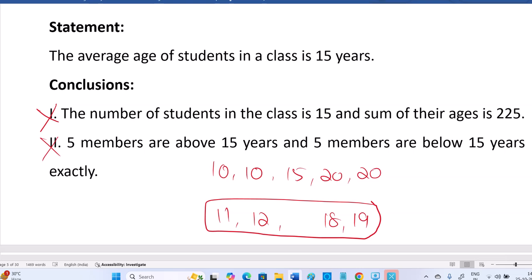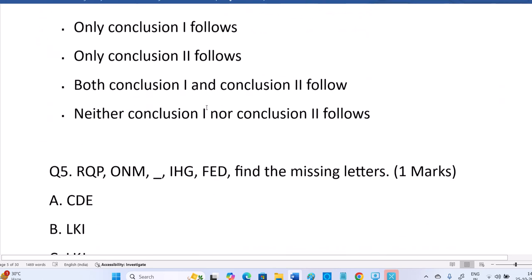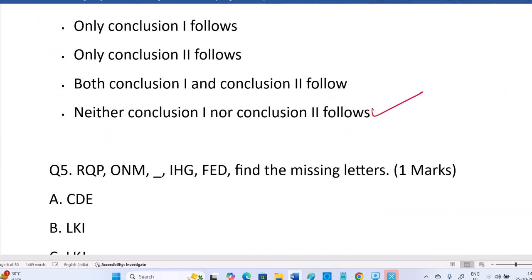If I add one line, there are 7 boys and 8 girls, or 8 boys and 7 girls, or there are 15 students in the class, something like that, then the first one is correct. Okay, but as of now, we cannot conclude the first one is true, I cannot claim that. So neither one or two.